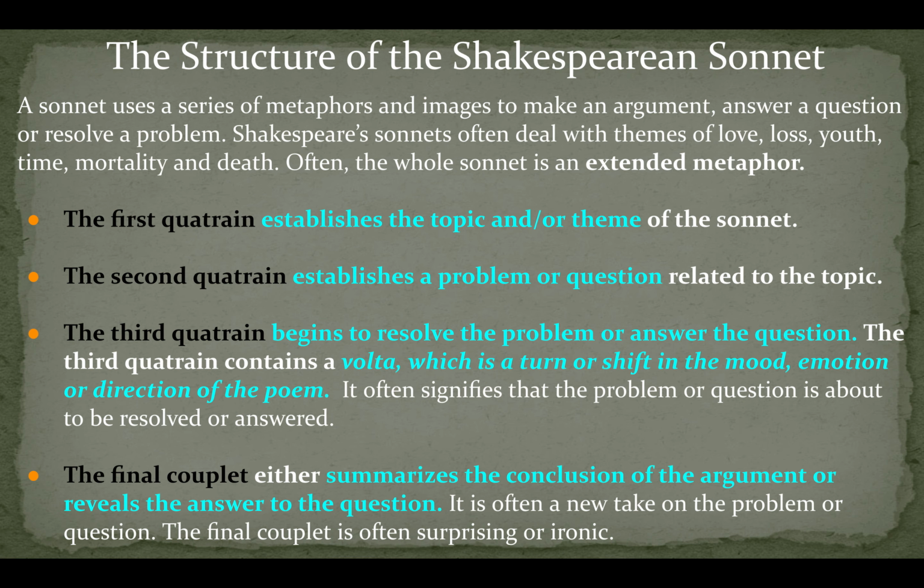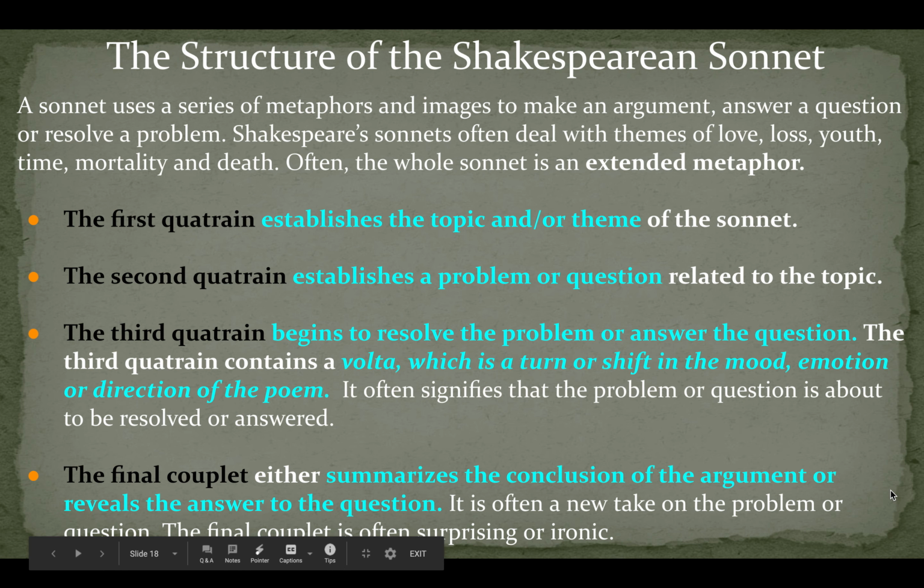And then, of course, the final couplet. That's where the sonnet is either summarizing a conclusion of an argument, or it reveals some sort of answer to the question that's been asked throughout the sonnet. What's cool about the final couplet is that it's often surprising or ironic. It often takes a different tone than the rest of the poem. And remember, that difference in tone can be signified by that volta in the third quatrain.